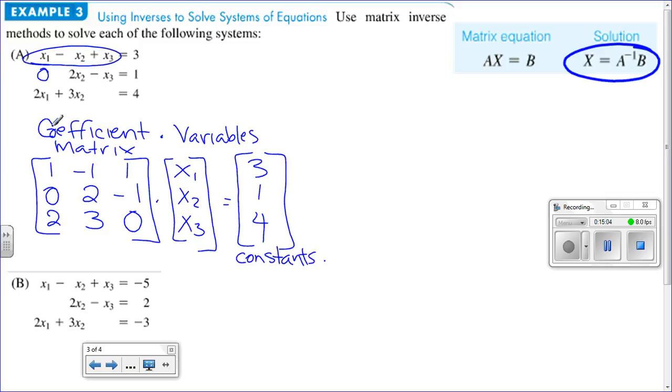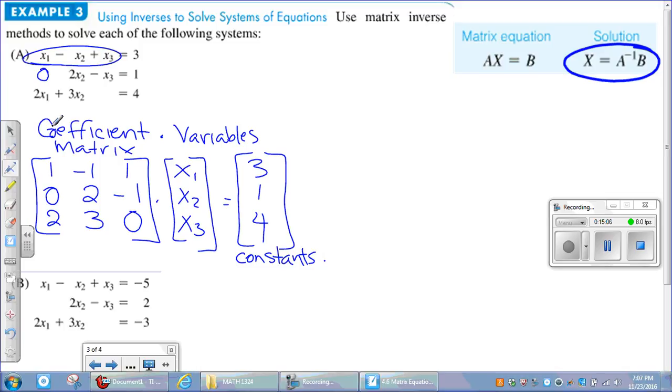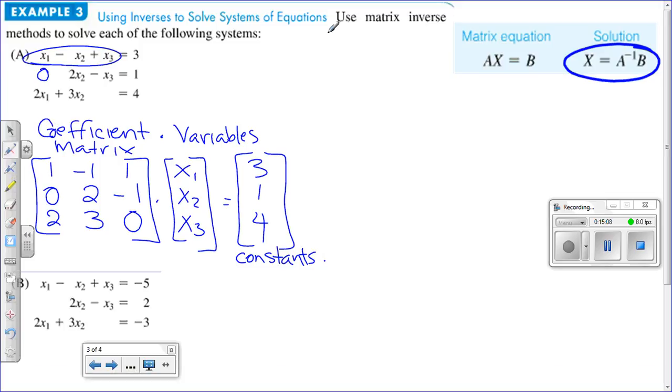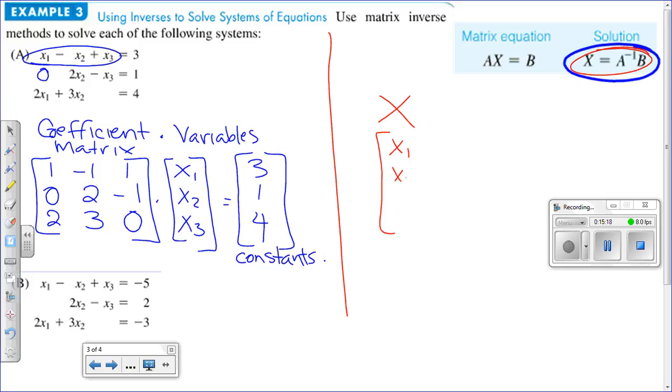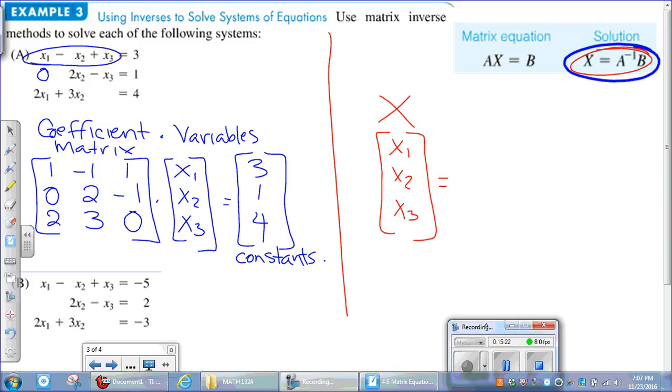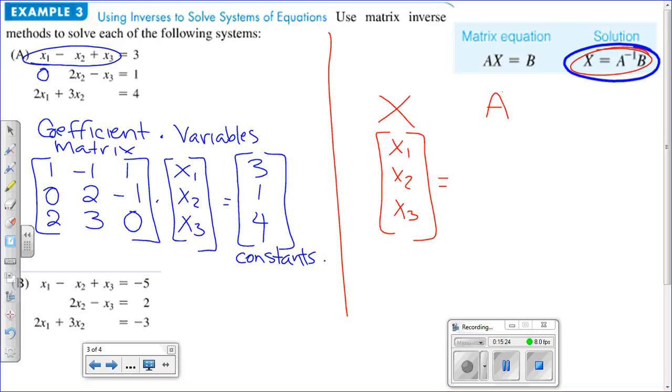So now what do I need to do to find the answer? Well, I'm going to have to use this idea. So the variables, x sub 1, x sub 2, x sub 3, now I'm going to put them on the left side, will be found by multiplying the inverse times the constants.